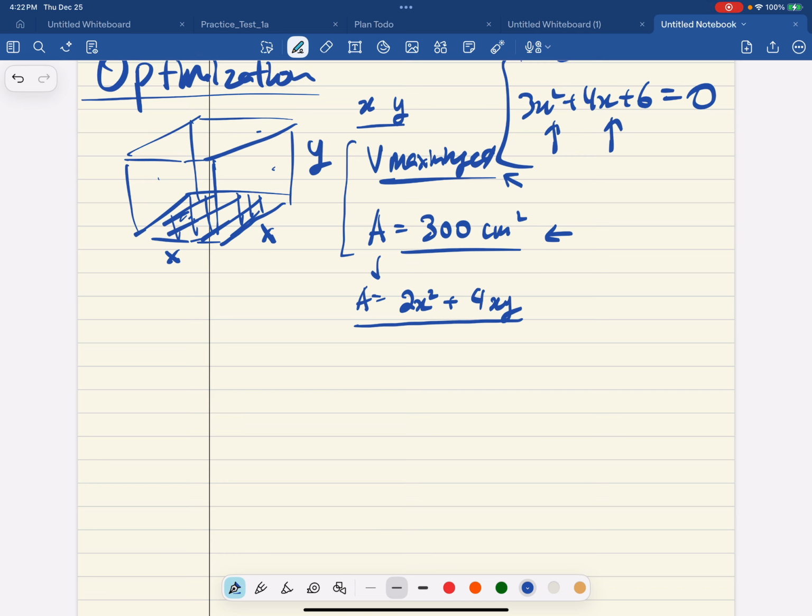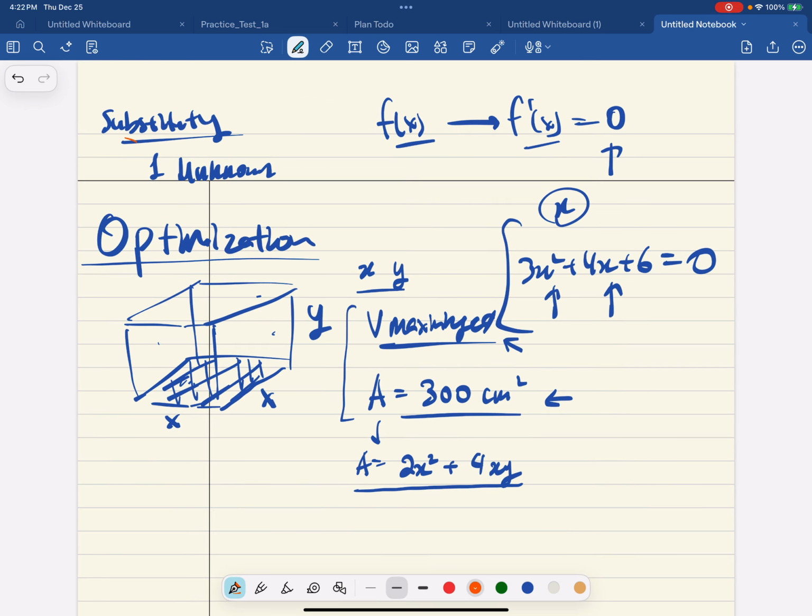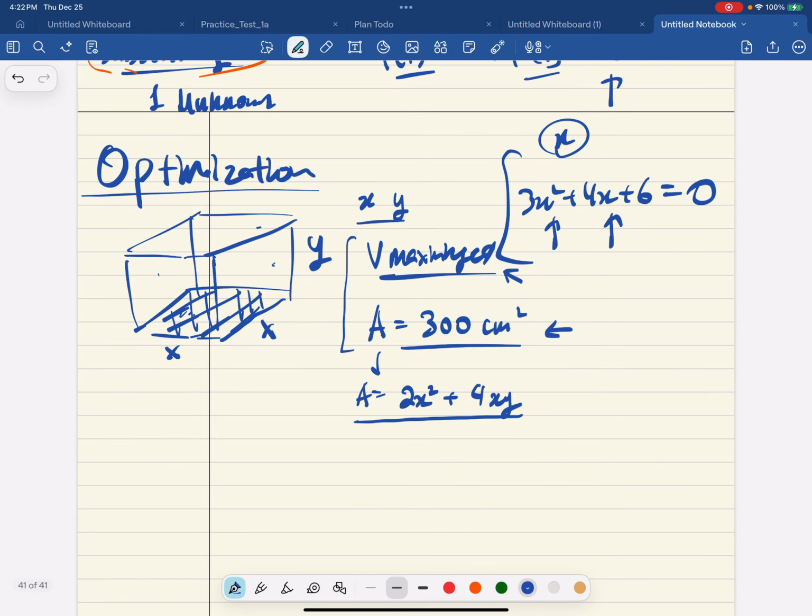When I was saying substitution, that's what I mean. Because there are squares on the x's and only one y, it's easy to substitute y. Area we know has to be 300. So 300 is equal to 2x squared plus 4xy. If you isolate y, y is equal to (300 minus 2x squared) divided by 4x.